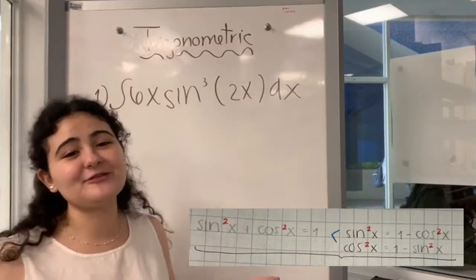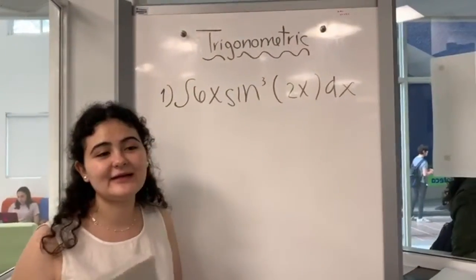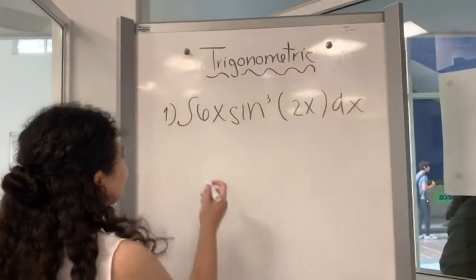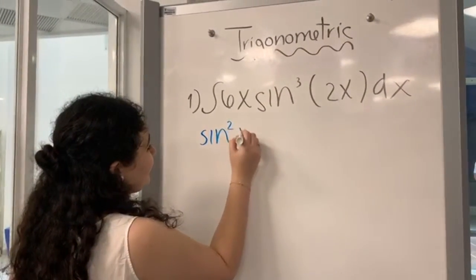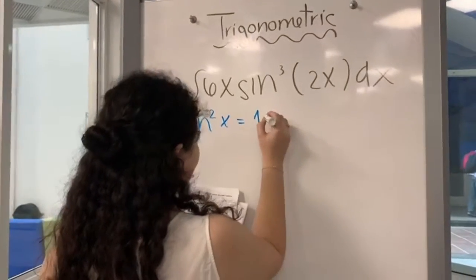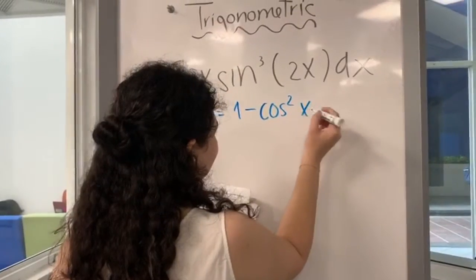So in order to find out, we have to continue developing the problem. We have analyzed the problem. We know that the identity that we must use is sine squared of 2x equals 1 minus cos 2x.